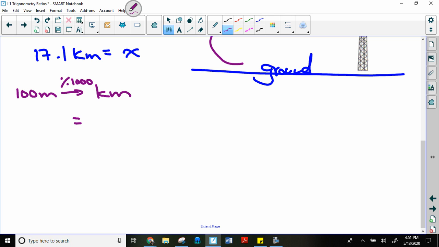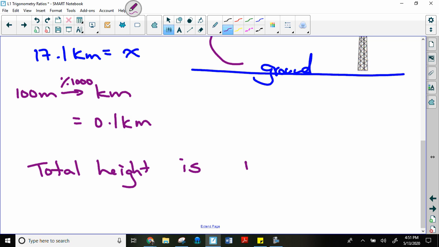So 100 divided by 1,000 is 0.1. So your total height is 17.1 kilometers from the triangle, and 0.1 kilometers based on the height of the tower. It's 17.2.